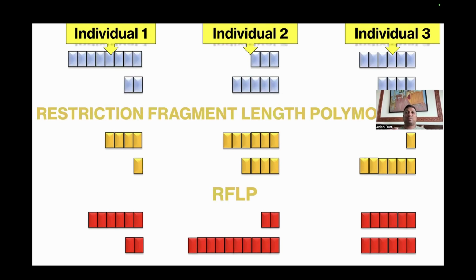I have already explained VNTR, variable number of tandem repeats. That's the reason why you have RFLP. Now, what do I mean by that? Since the number of tandem repeats in different individuals varies, any particular repeat sequence will repeat a different number of times in different individuals. Because of that, the restriction fragments which will be generated as a result will be of different lengths.